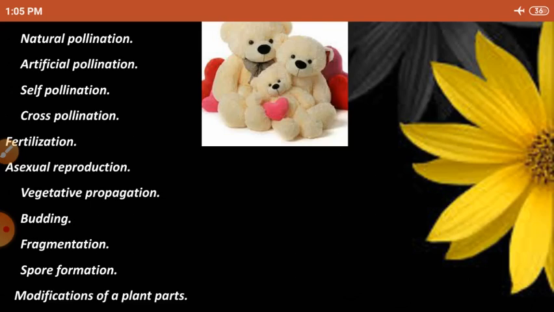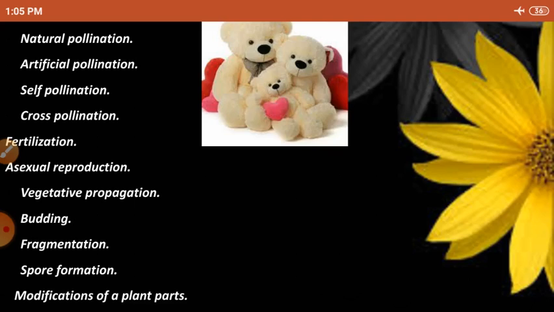So first, pollination. Pollination means reaching the pollen grains from the male part of the flower to the female stigma part of the flower. This pollination could be done with the help of nature: insects, birds, animals and water, which is known as natural pollination.